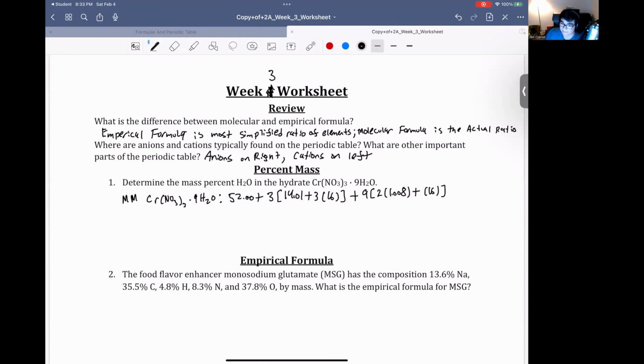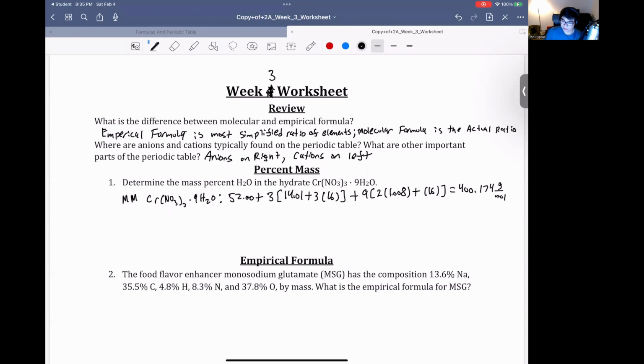All right, and then that is it. So we go ahead and we add these up. And this ends up being 400.174 grams per mole in total. Right. So that is for the whole compound.